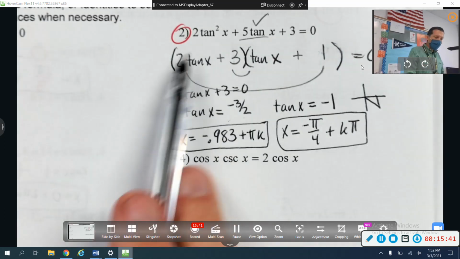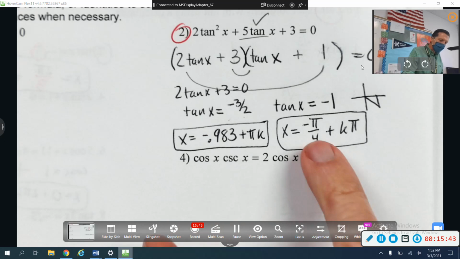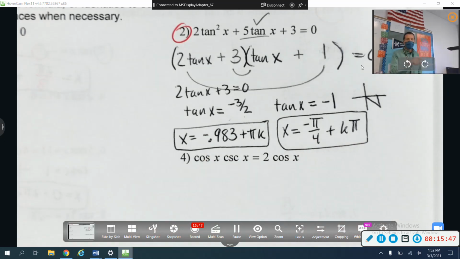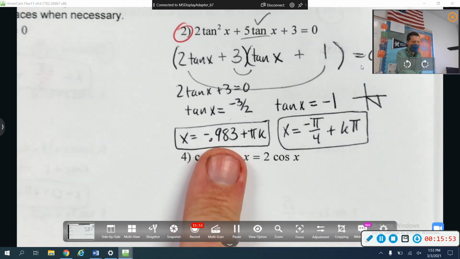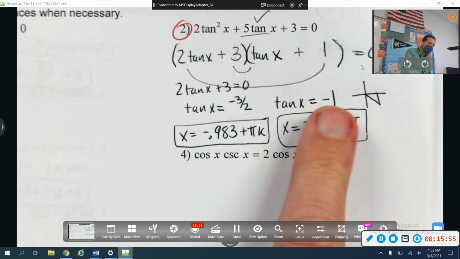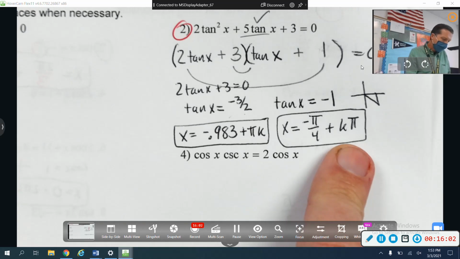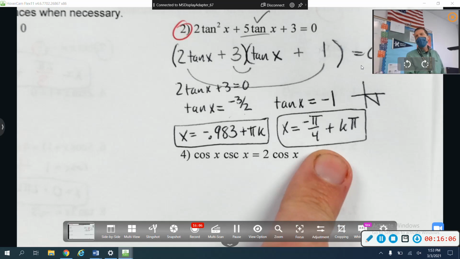Now, a quick word on this one. Since part of this was no calculator and part of it was with calculator, if that problem's on the test, it has to be on the calculator day of the test, because you can't answer this part without a calculator. But if you do this one with a calculator, I'm going to take off a point or two, because the directions are going to say something like give exact values when possible.